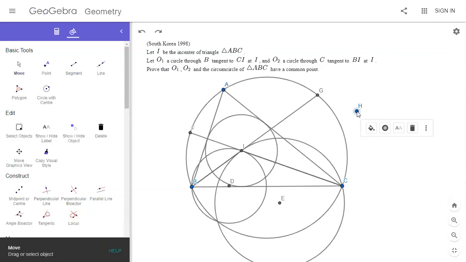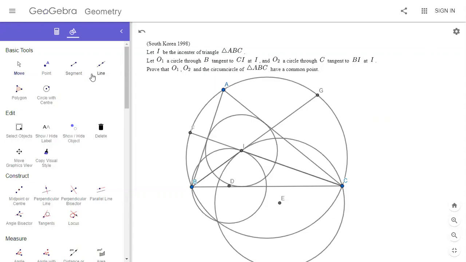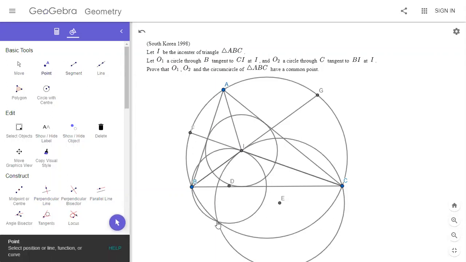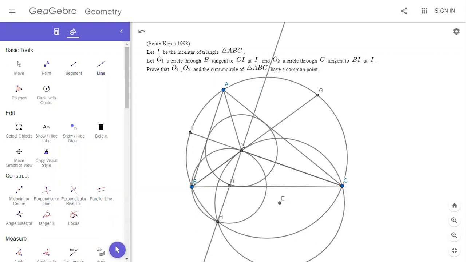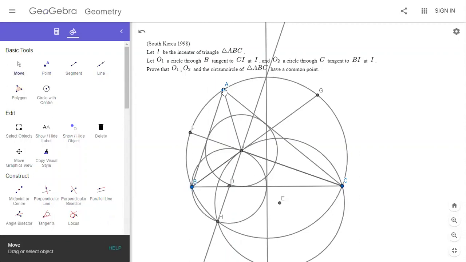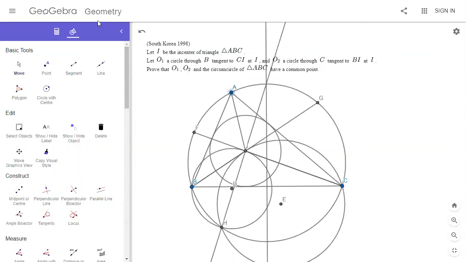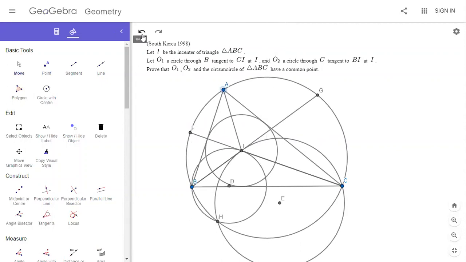Let's see. At that point is K, extend KI. Oh yeah, we want to see if it meets at the midpoint of the arc. Sure looks like it. Yep. So that is the mixtilinear incircle point.